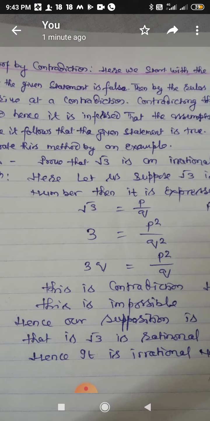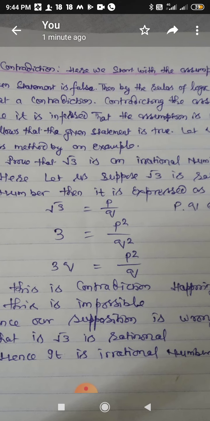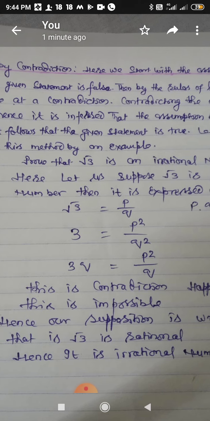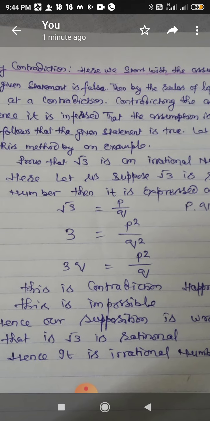Then by the rules of logic we arrive at a contradiction contradicting the assumption, and hence it is inferred that the assumption is wrong. Hence, it follows that the given statement is true. Let us illustrate this method by an example. So, this is the contradiction procedure.